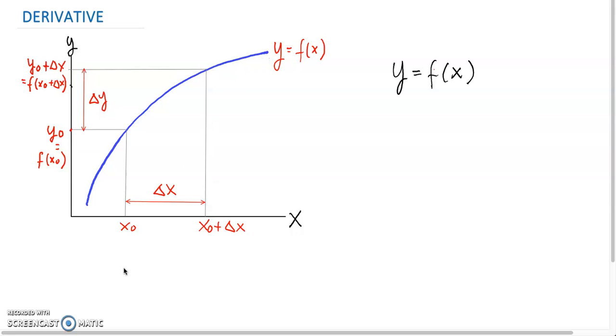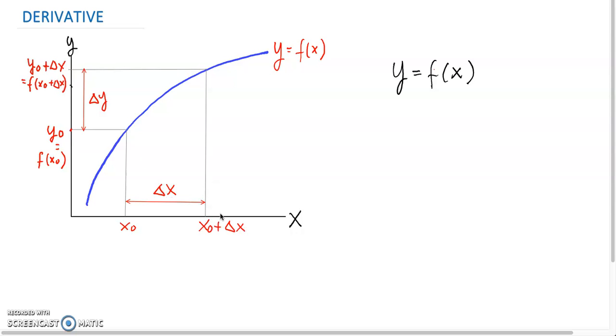Now, let us set x null as the initial point, and the pair would be y null, where y null equals f(x null). Then, if x changes by delta x, becoming x null plus delta x, then y null also changes into y null plus delta y, which is also equal to f(x null plus delta x).